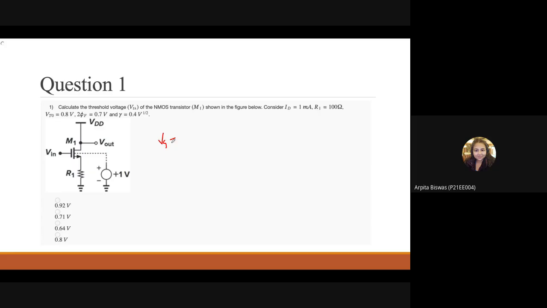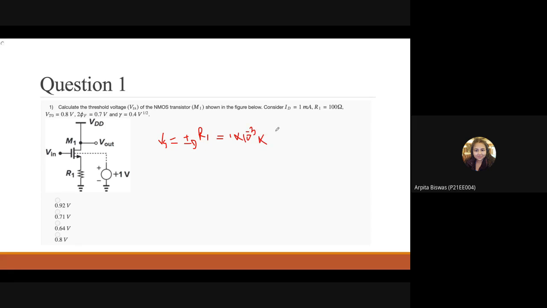Just calculate it: ID into R1. What is the value of this ID? ID is given, 1 milliamp, 1 into 10 to the power minus 3, into R1.